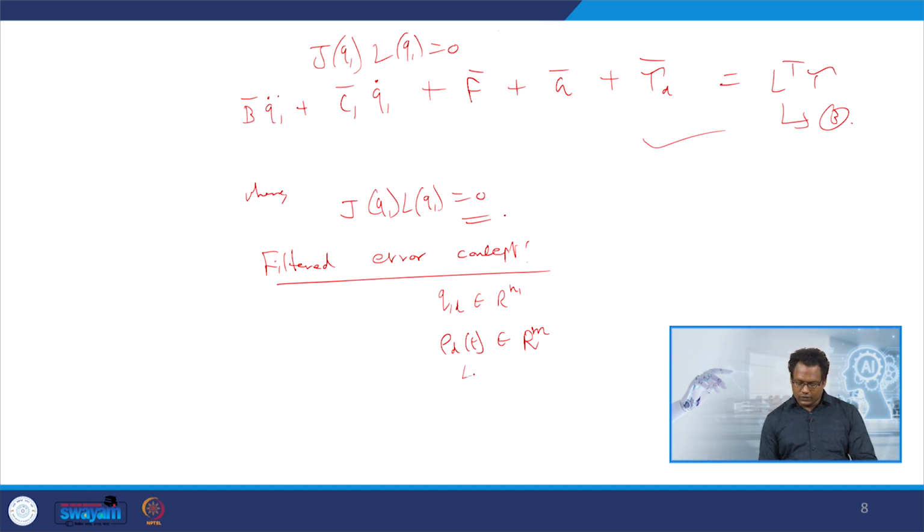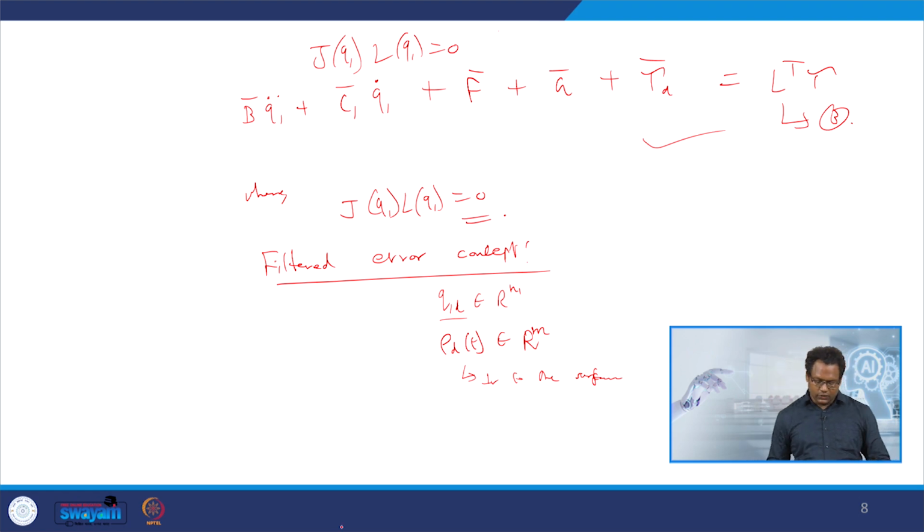The force is normal to the contact surface, and q1d represents the motion trajectory of the robot arm in the constrained surface.